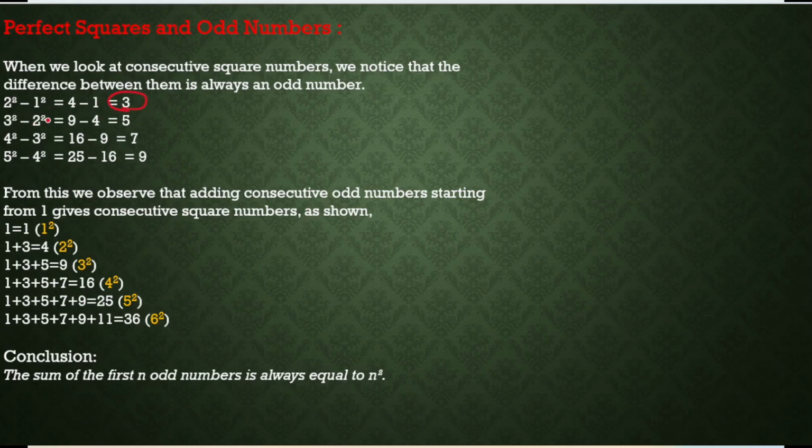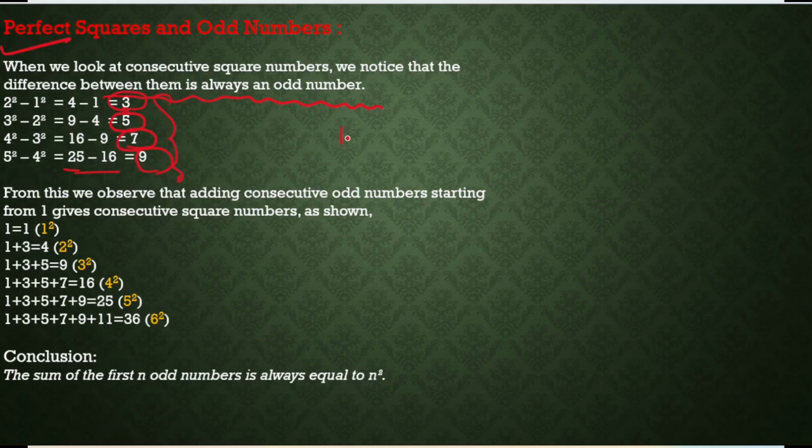Similarly, 3 square minus 2 square is 9 minus 4, which is 5. 4 square minus 3 square is 7. 5 square minus 4 square is 25 minus 16, which is 9. So when we look at consecutive square numbers, the difference between them is always an odd number. If we subtract any two consecutive square numbers, the result is an odd number.